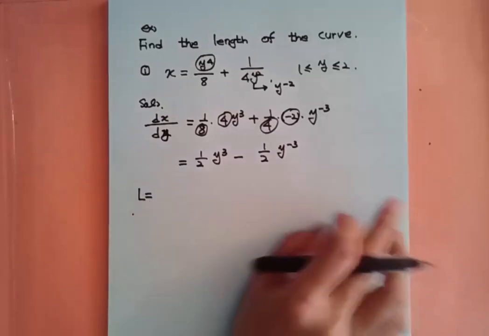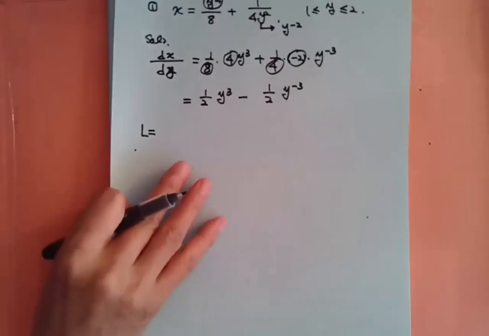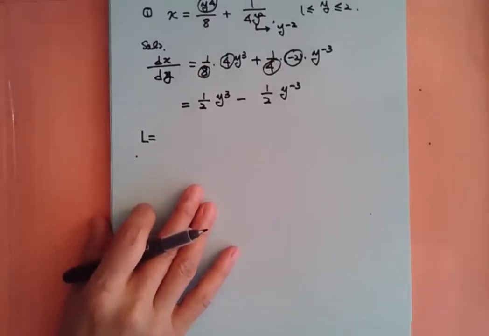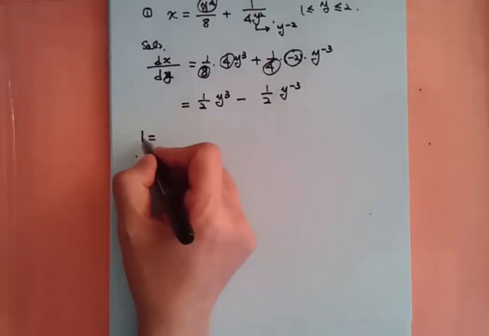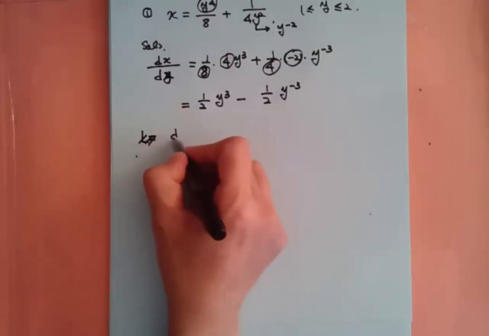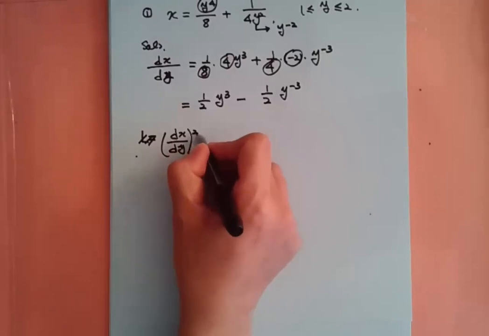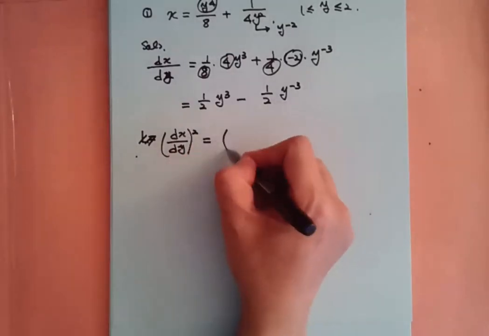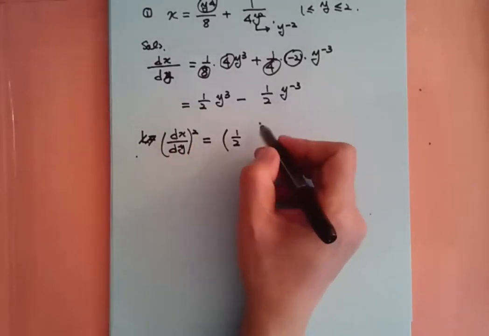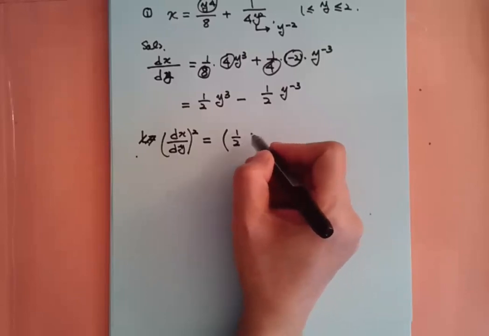So we will use this, and of course we have to think about dx over dy squared. So let's do it first because we have to do it under the square root. We don't like it.